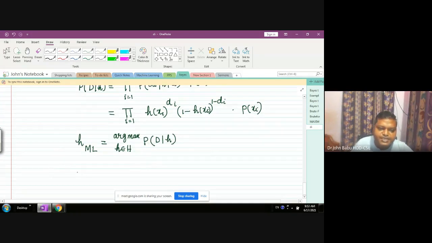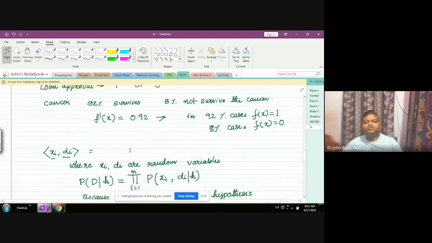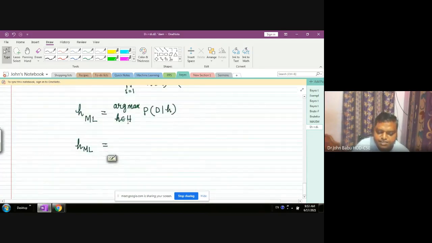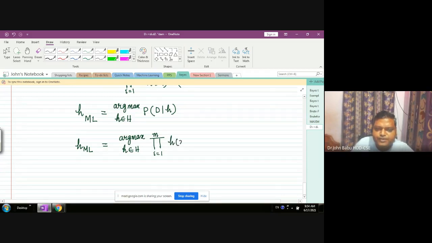So the maximum likelihood hypothesis for the given setting of the problem, where the target value di is either 0 or 1, is the maximum value of h belonging to H of h of xi to the power of di into 1 minus h of xi to the power of 1 minus di into probability of xi.